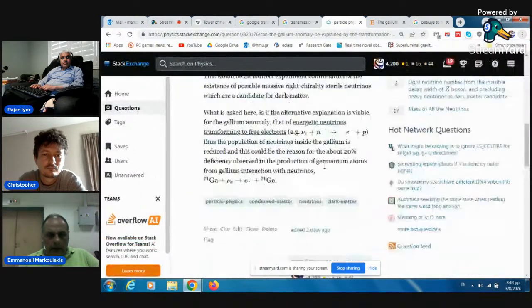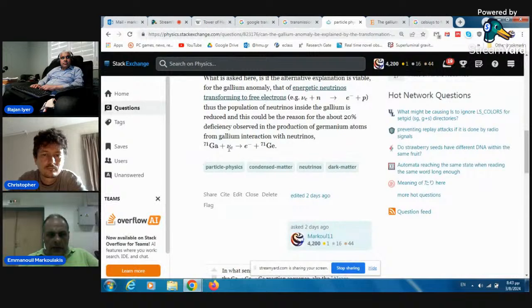So this here is an electron neutrino, and the gallium gets bombarded by this neutrino, and then the gallium releases an electron and becomes germanium. You see, because it's through negative beta decay.